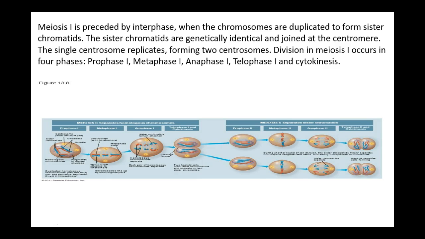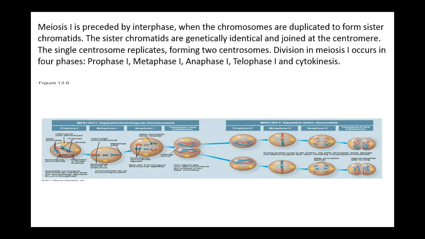In prophase 1, you have, as we talked about, replication of two pairs of homologs. And because of this, you have the capacity for a process known as crossing over.